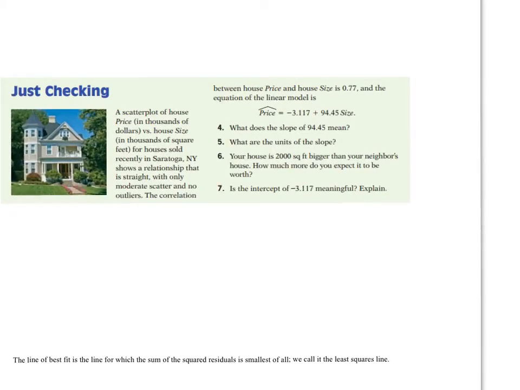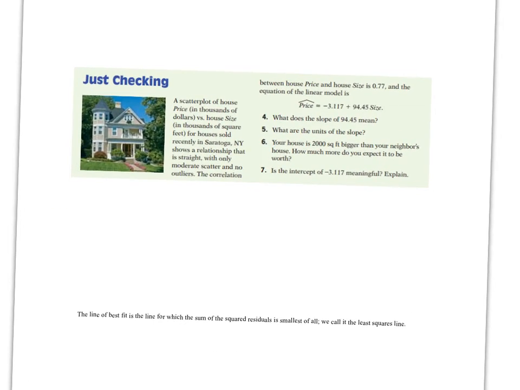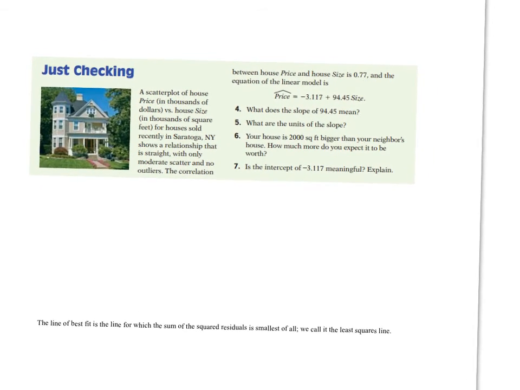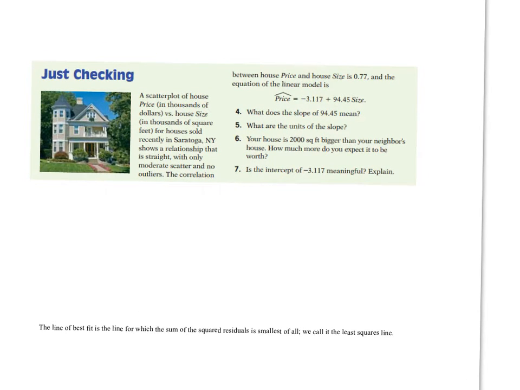All right, I would like for you to try this one out for me. So we're talking about a scatter plot of house prices in thousands of dollars versus house size in thousands of square feet in Saratoga, New York, very close to where I'm going to be this weekend. It shows a relationship that is straight with only moderate scatter and no outliers, so we can move forward with our regression.